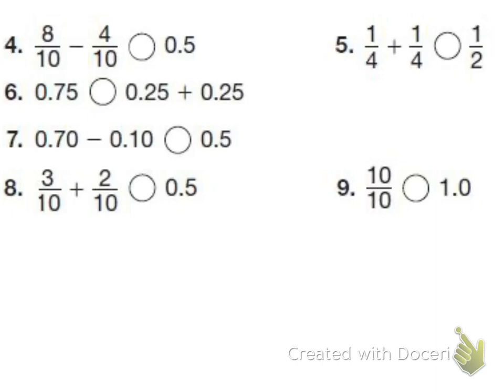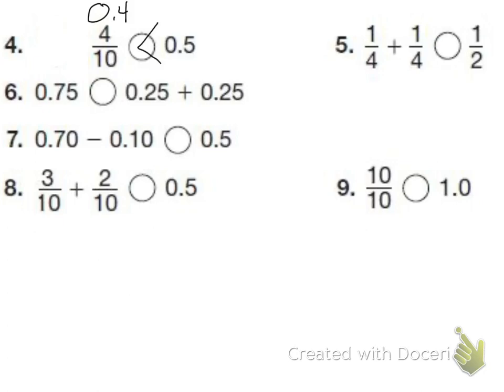Now we're going to compare which ones are bigger. On 4, we have 8/10 minus 4/10. 8/10 minus 4/10 is 4/10, which is the same as 0.4. So that's going to be less than 0.5.